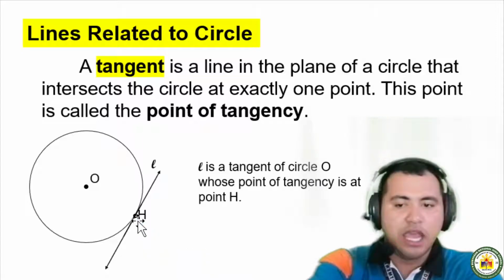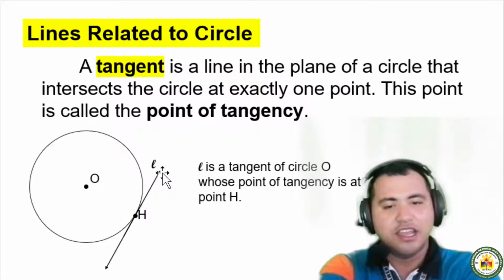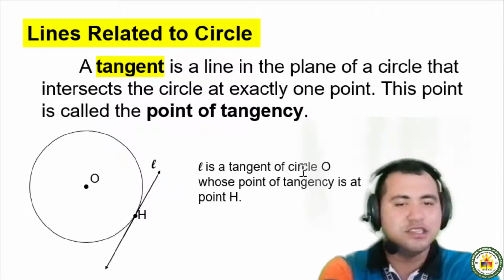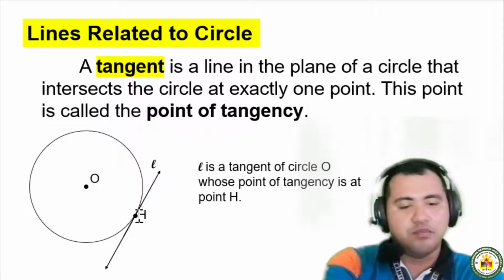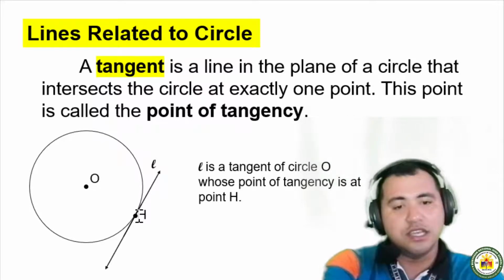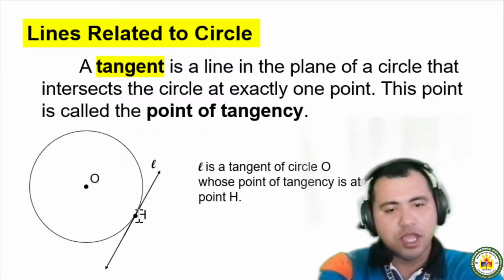Thus, line L is a tangent of circle O whose point of tangency is at point H. So si line L, kay nag-intersect man siya sa circle, tawagon siya og tangent of a circle. Naa sa point H ang ilang point of tangency. Point of tangency, a point where a circle and a tangent line intersect. Mao na siya. Kung diin nag-abot ang circle o ang tangent line.